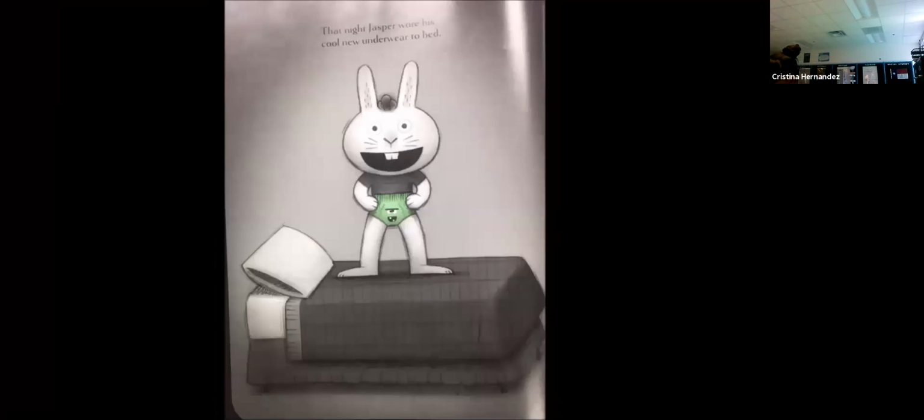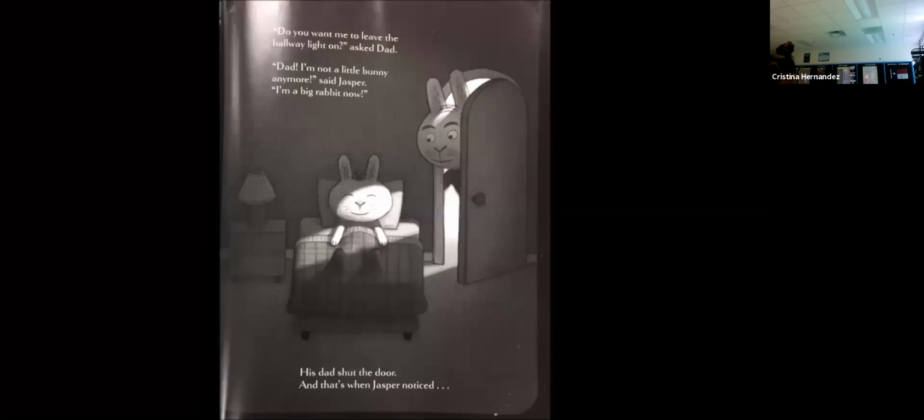That night, Jasper wore his cool new underwear to bed. Do you want me to leave the hallway light on? Asked Dad. Dad, I'm not a little bunny anymore, said Jasper. I'm a big rabbit now. His dad shut the door. And that's when Jasper noticed.